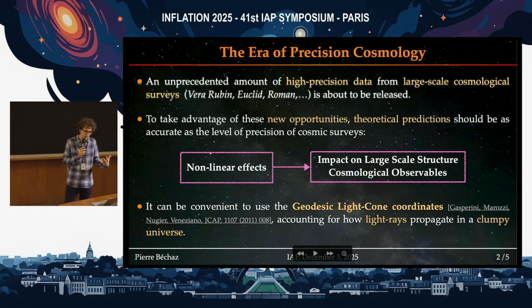So this means that we have to include nonlinear effects in our formula because they will have a physical impact on large-scale structure cosmological observables. And to do that, it can be convenient to use these so-called geodesic LightCon coordinates, which account for how light rays propagate in a clumpy universe. And we know that they do that on the past LightCon of a given observer.